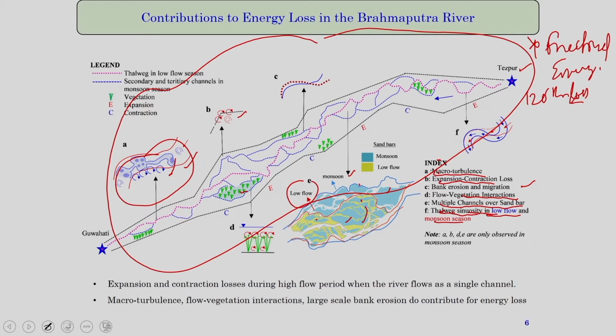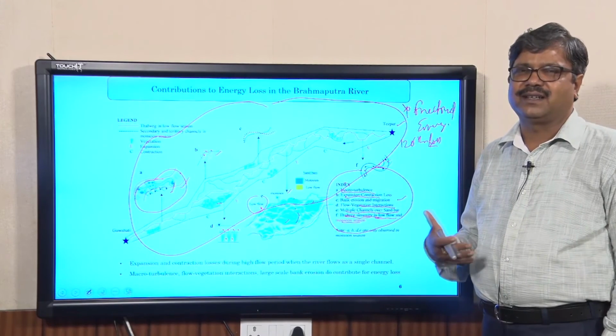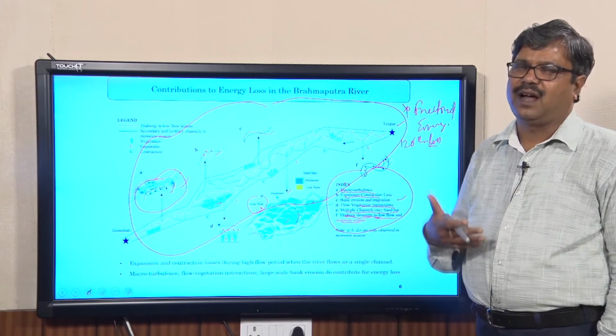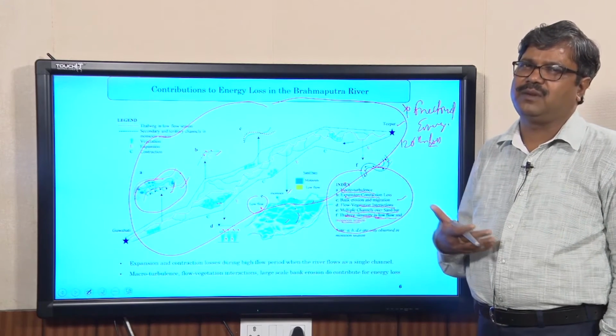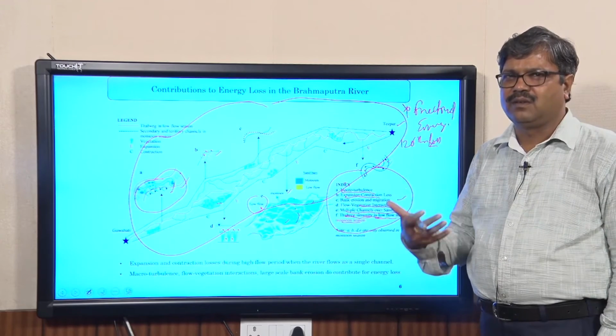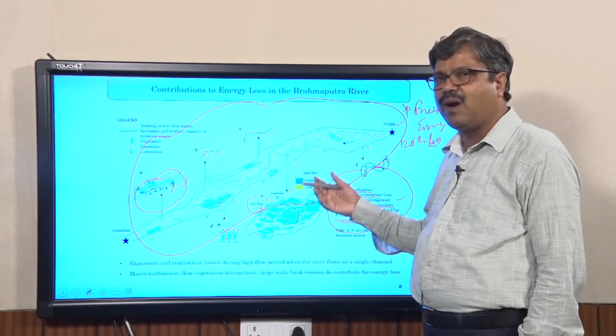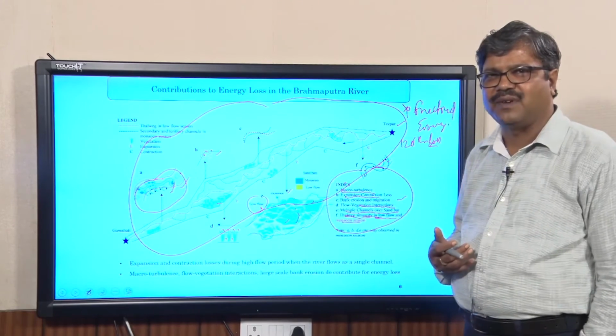That way we try to understand the river from a different perspective, like how the energy dissipations are happening, because that is what controls how sediment transport happens, how the flow variability changes, how it makes the river more vulnerable to bank erosion, and how the bed forms of the river change, such as mega bed forms like sandbars, how these formations are happening.